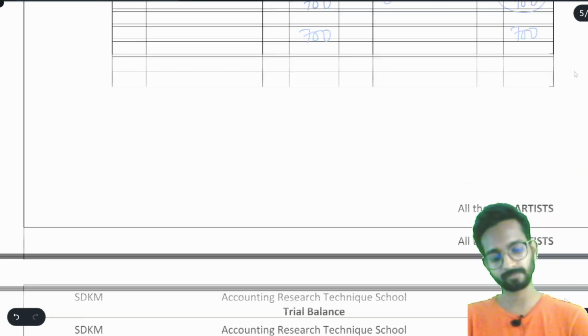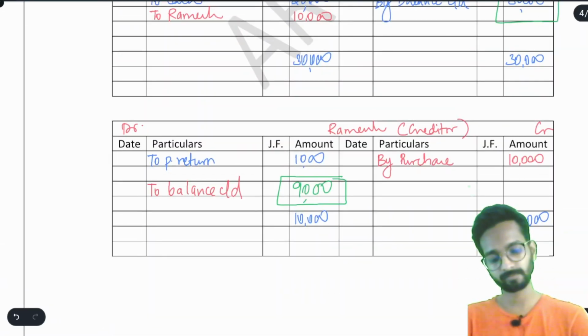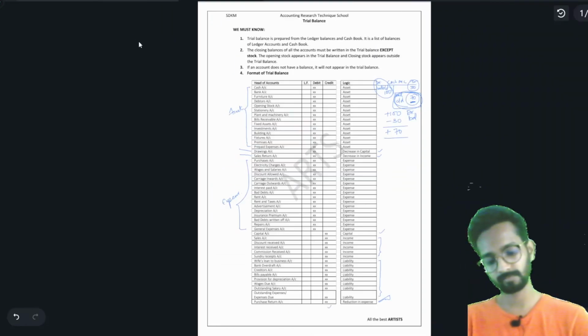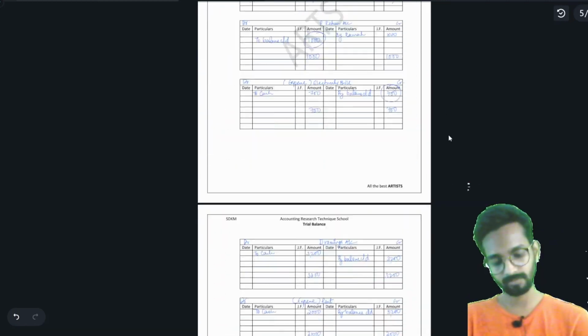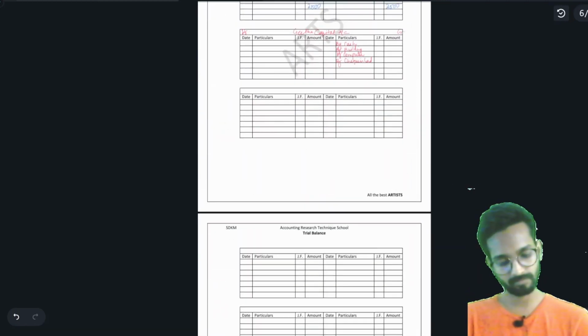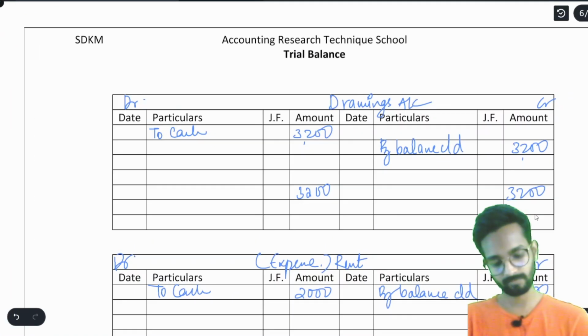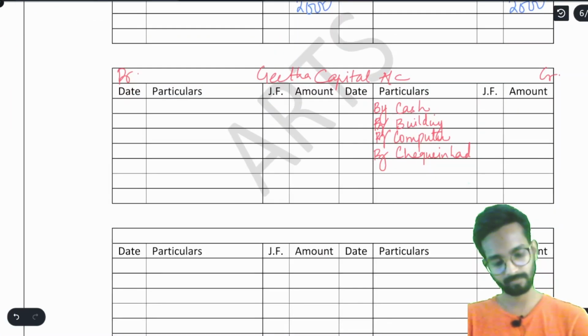Let's see. 70, 450, 60 and 3 lakh rupees.